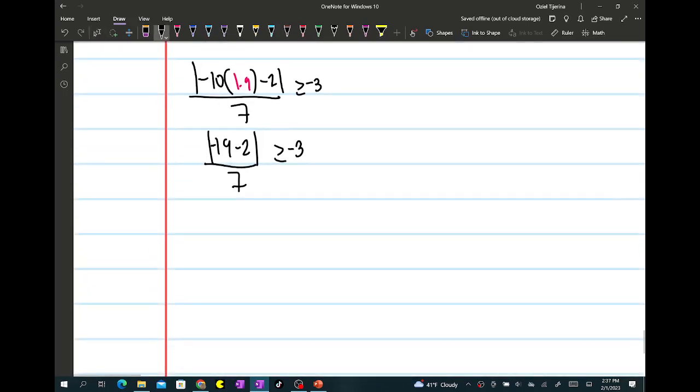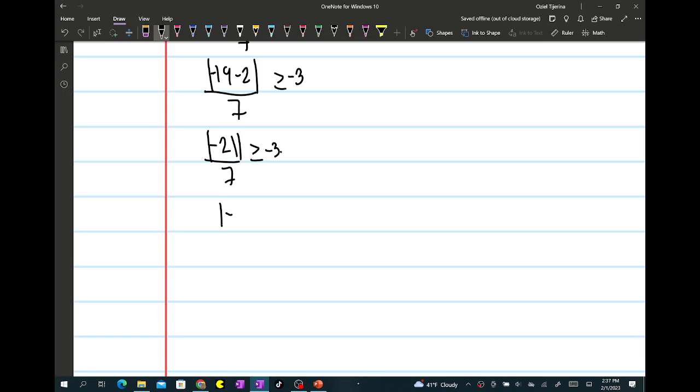And then I'm going to say the absolute value of negative 21 over 7 is greater than or equal to negative 3. So I get 21 over 7 is greater than or equal to negative 3. And I get 3 is greater than or equal to negative 3, which is true, right? So that satisfies that, right?